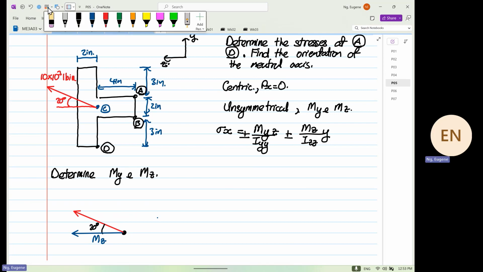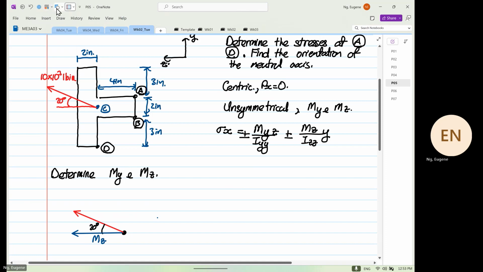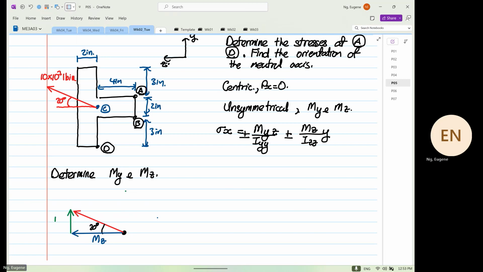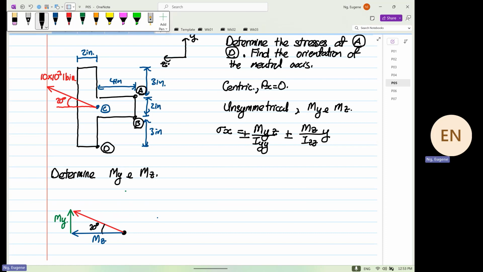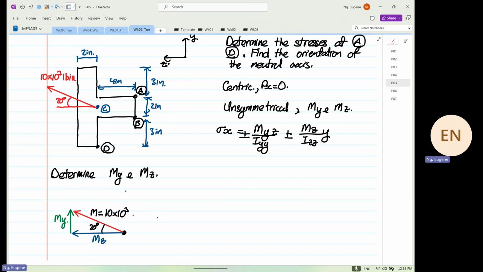And then the next one will be our My. Okay, and then we know that our M is equal to 10 times 10 to the power 3 pound inch.